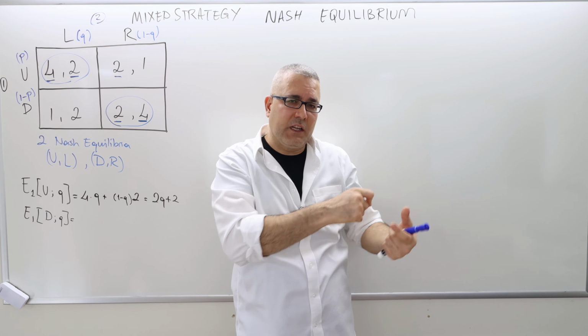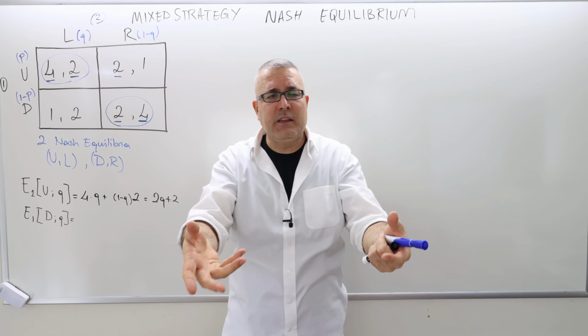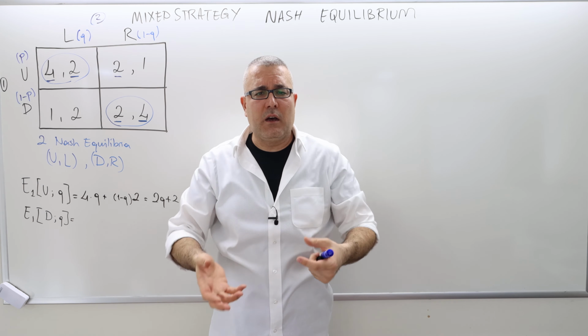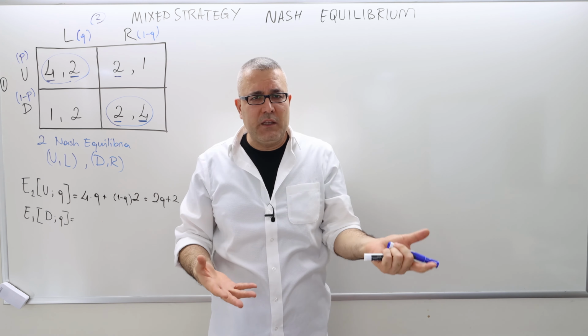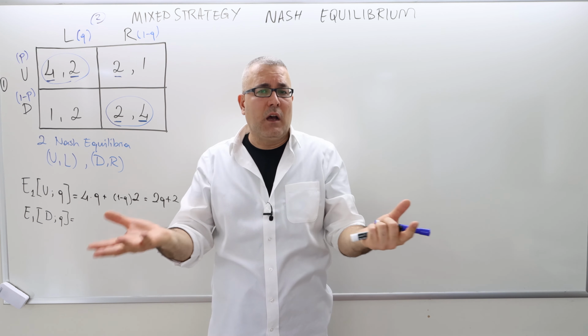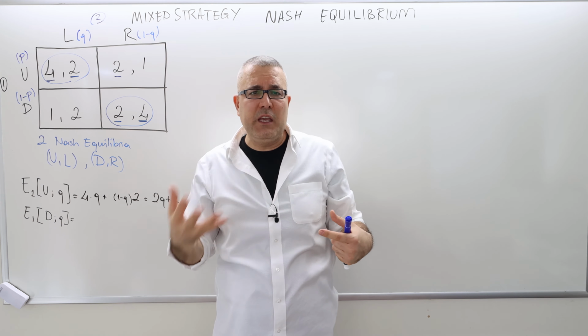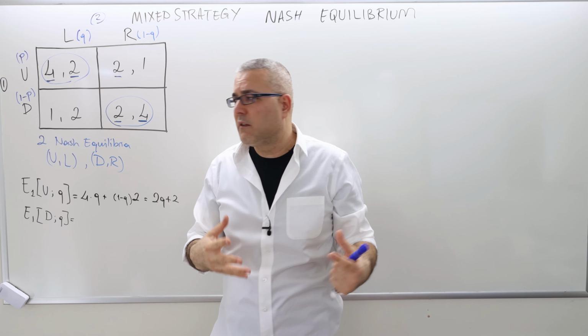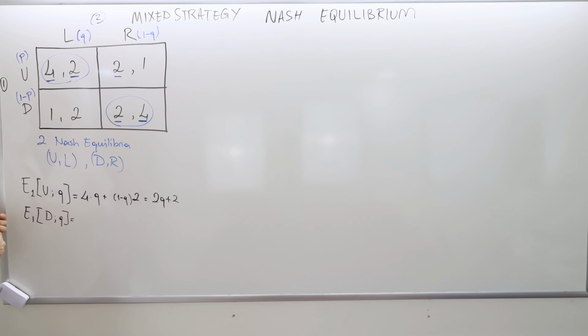I mean, player 1 writes his P and player 2 writes his Q, and they submit it to the moderator, and the moderator says, okay, the game is over, the P is this and the Q is this, do you regret? And we are trying to find the values of P and Q where they don't regret, okay? That's sort of the intuition of finding mixed strategy Nash equilibria.